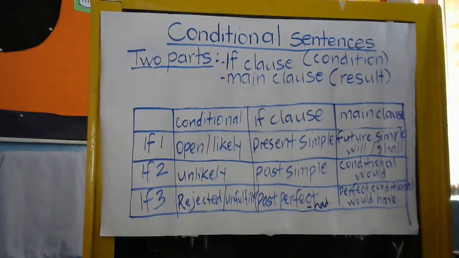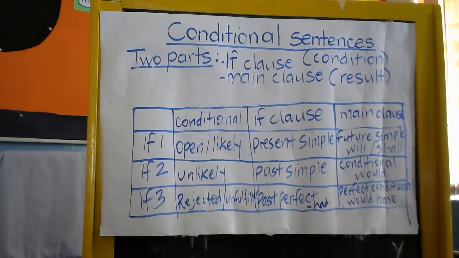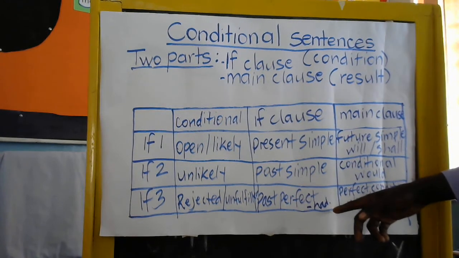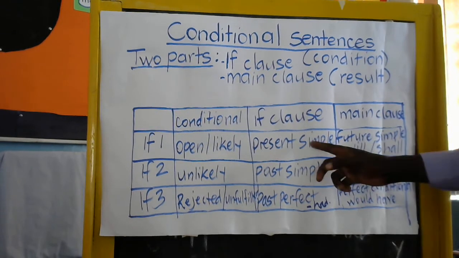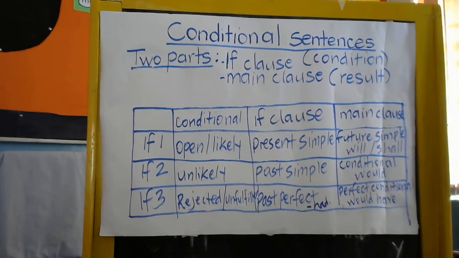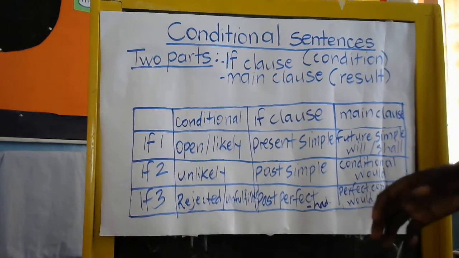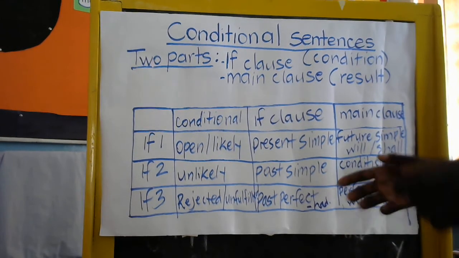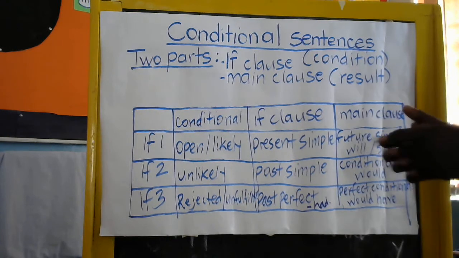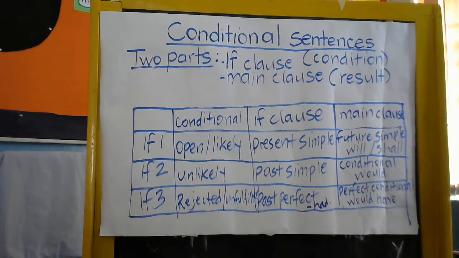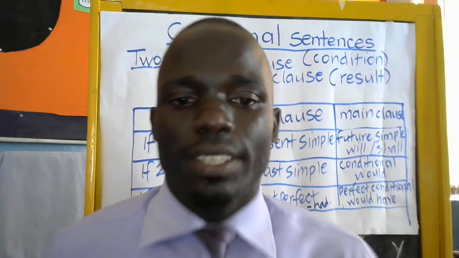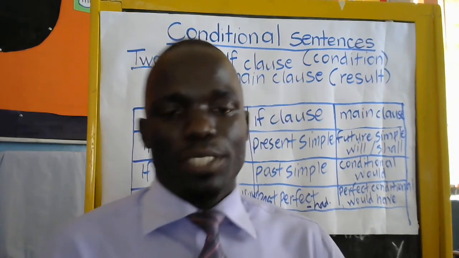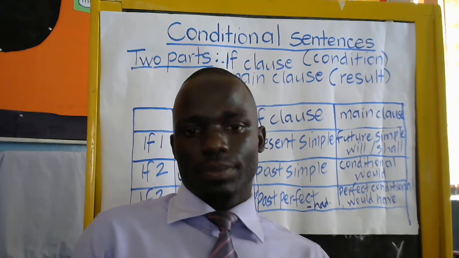Like in those sentences we talked about, the main verb given has been ask, and the past participle of ask is asked. So when you put had plus asked, you come up with the past perfect. Then in the main clause, we have perfect conditional. That's the use of would have, and what comes after have is the past participle of the main verb.